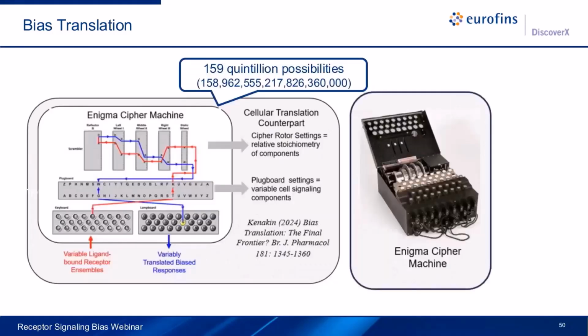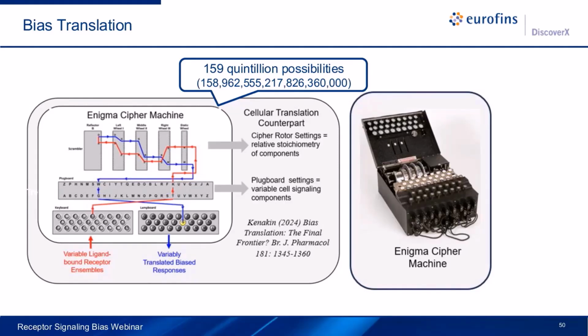Why does that happen? The analogy I've chosen here is a cipher machine that was used in World War II called Enigma. You would key in your message here, and then each letter was randomly scrambled to a plug board and then scrambled again through 5 turning wheels.